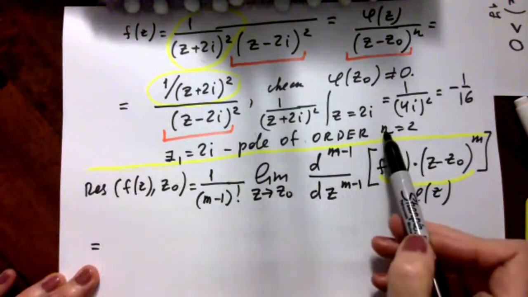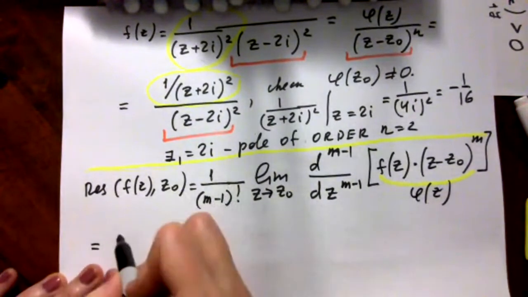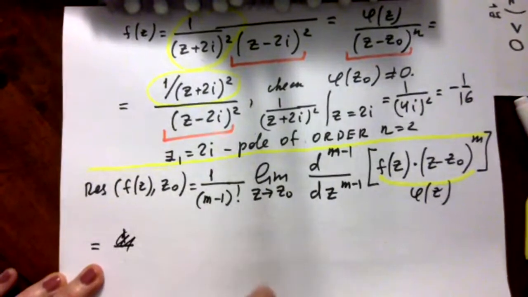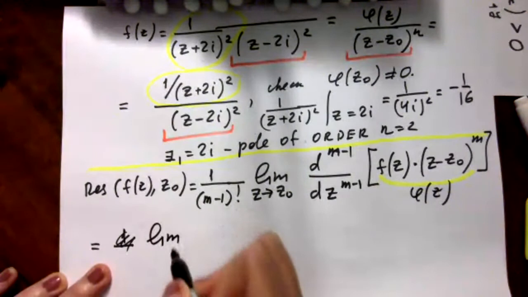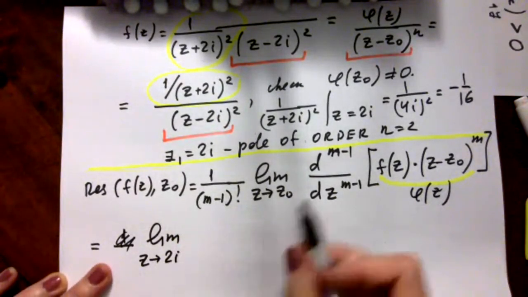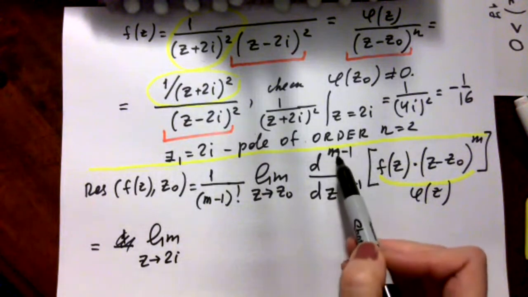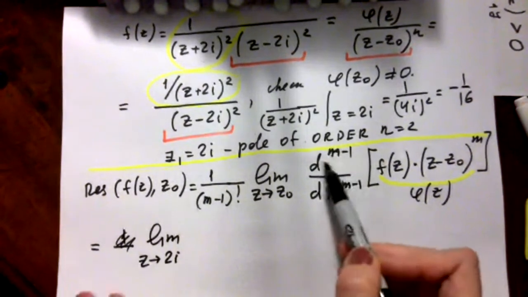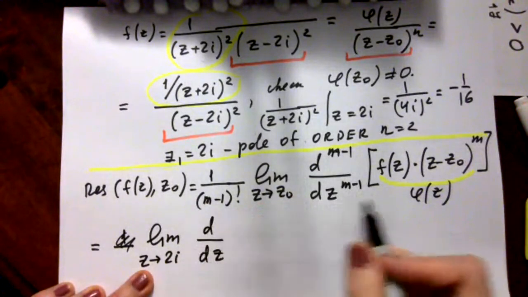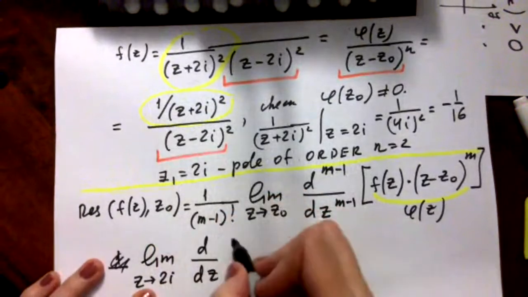So in our case, our order m is equal to 2. It means that 1 divided by 1 factorial is just 1. I'm sort of lazy to write it, so let's not write it. So z tends to 2i, our singular point. And what is the order of the derivative? As the order of the pole m is equal to 2, it will be the derivative of the first order, just an ordinary derivative, of the expression which is phi of z, and phi of z is already here.